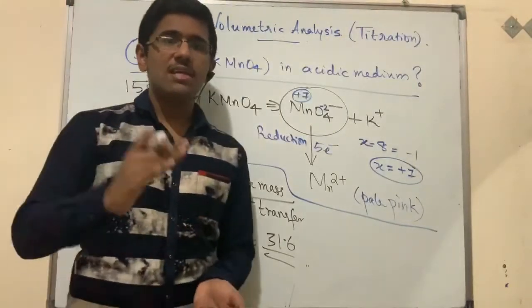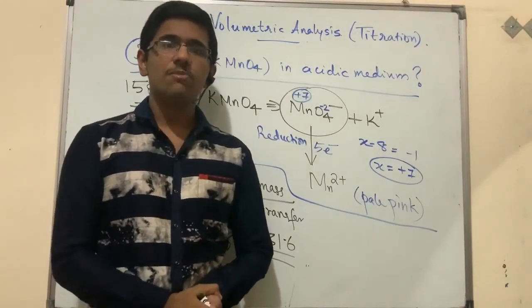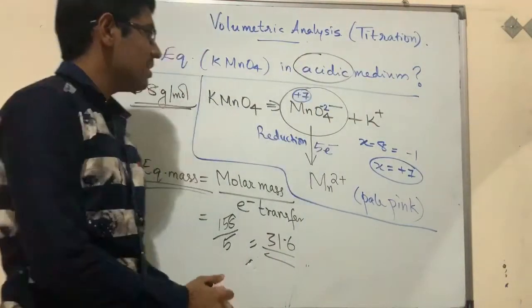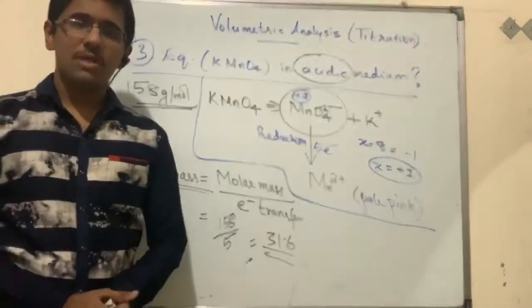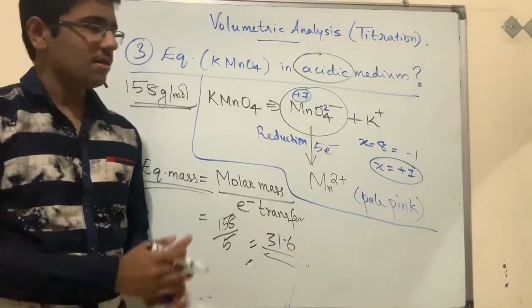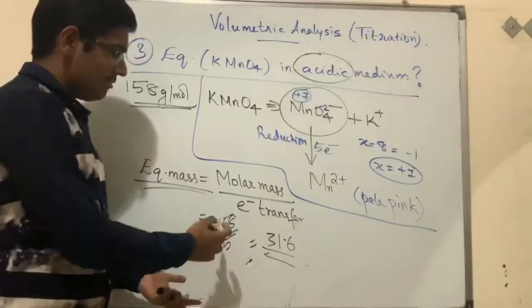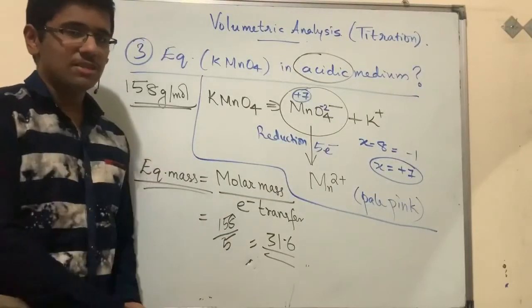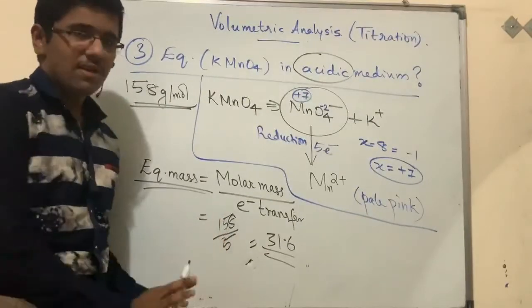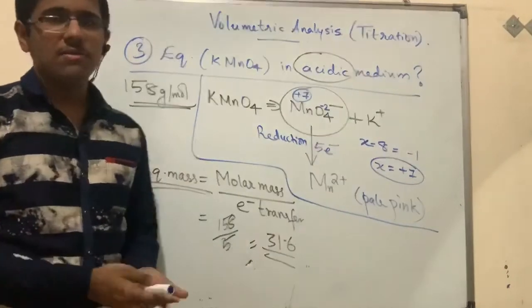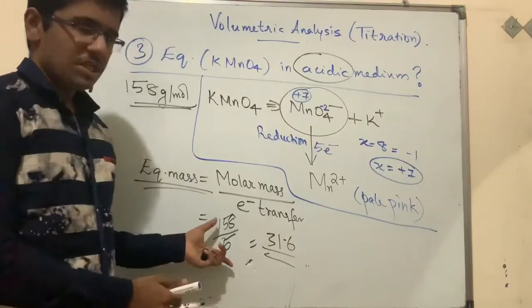So whenever your teacher asks you what the equivalent mass of potassium permanganate in acidic medium is, you should answer that the formula for finding the equivalent mass is the molar mass divided by electrons transferred. So it is 158 divided by 5 electrons transferred. Sometimes they may ask you to solve it and show, then you can use paper and do the division.